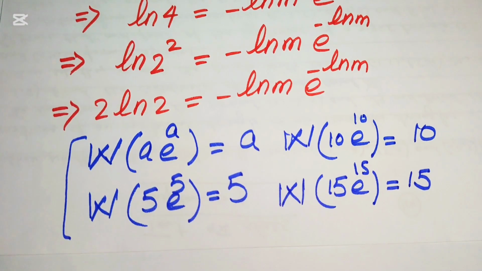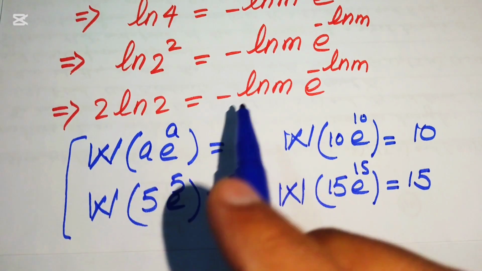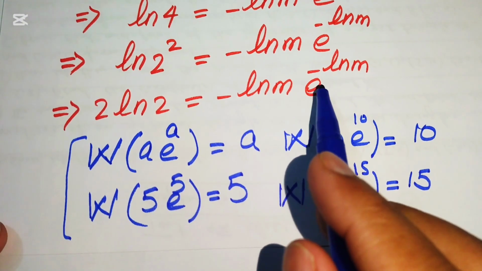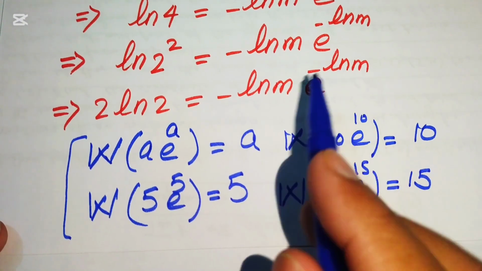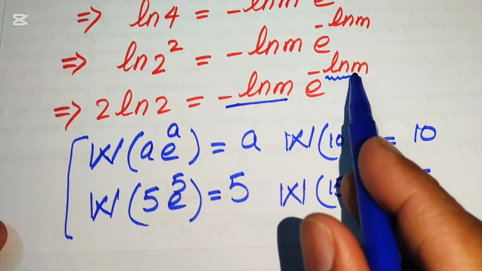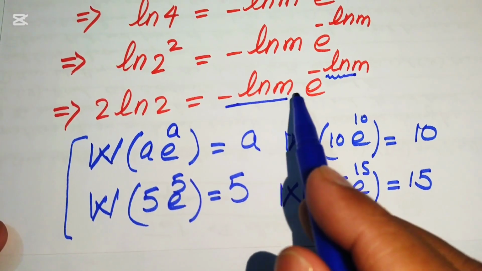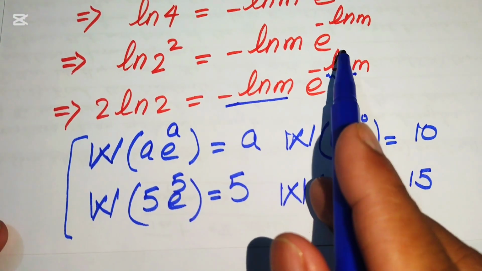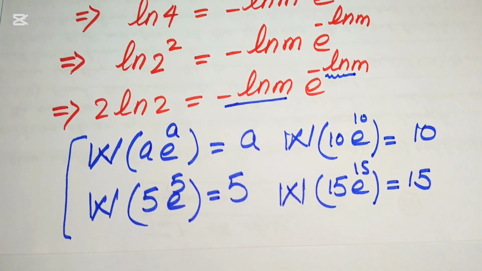So now in the above step, we're ready to apply this Lambert W function, because if you focus on the right hand side, we make the exponential function e with exponent minus log m multiplied by it. So these two terms are the same. Then if we apply this W function, we get the output of this function, which is minus log m.